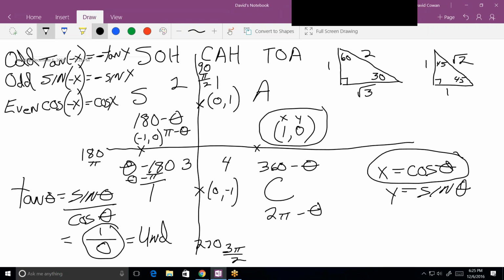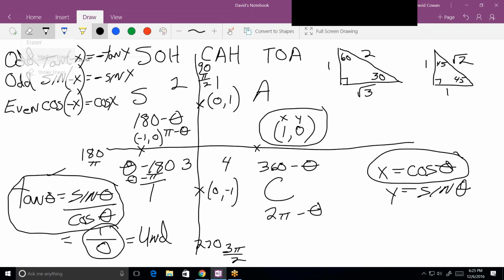So this you want to memorize also, because I really only taught you to figure out the sine and cosine of the quadrangles. But using this identity, you can know the tangent of all 4 quadrangles also. Just make sure it's sine over cosine, and make sure you know that the x-coordinate is the cosine and the y-coordinate is the sine, based on what I've written over here on the lower right.